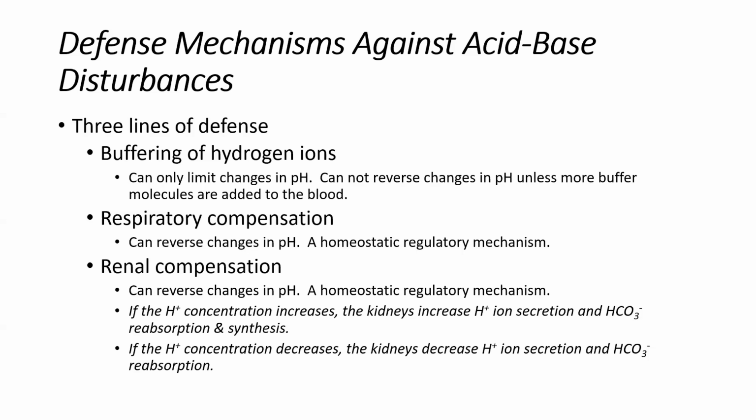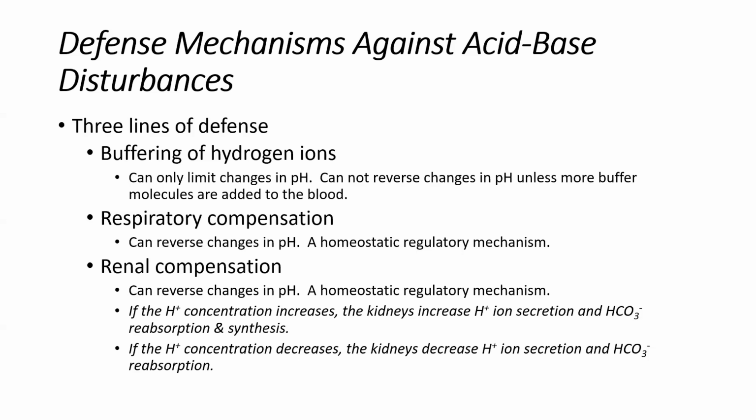A buffer is going to prevent or limit a situation from getting worse. It's going to prevent excess changes in the blood pH, but it's not going to correct, reverse, or compensate for any existing acid-base disturbances. So buffering is really the first line of defense, and it's only good at limiting changes, not at correcting changes. The other two mechanisms are much better at correcting or compensating for any existing acid-base disturbances.